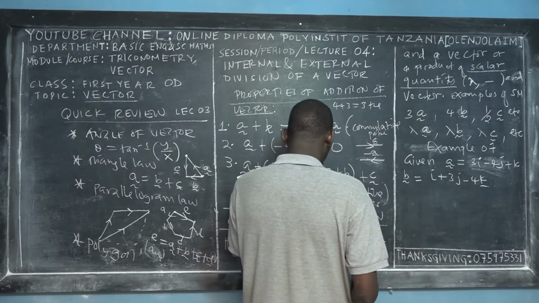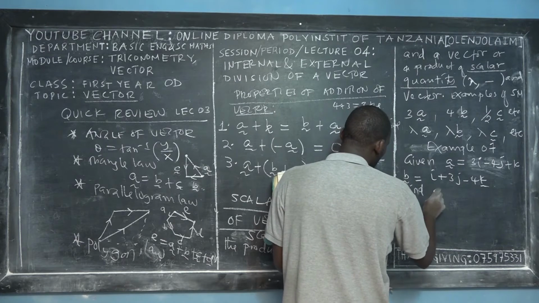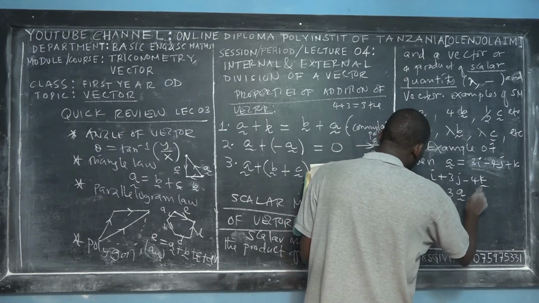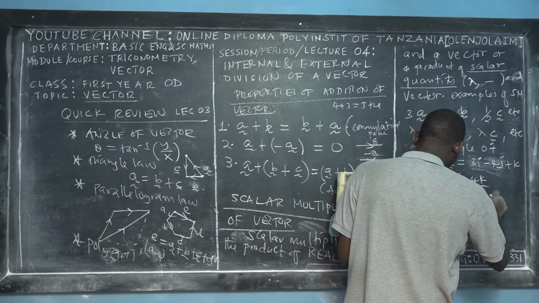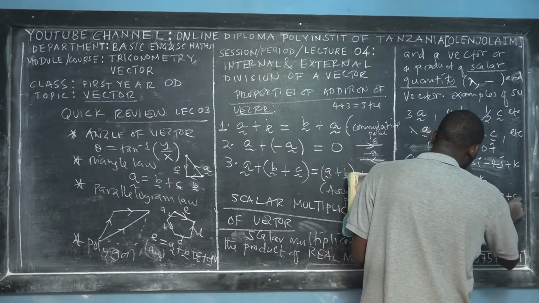The question asks you: A, find the scalar multiplication of 3 times vector A. B, find the scalar multiplication of 4 vector A plus 8 vector B.